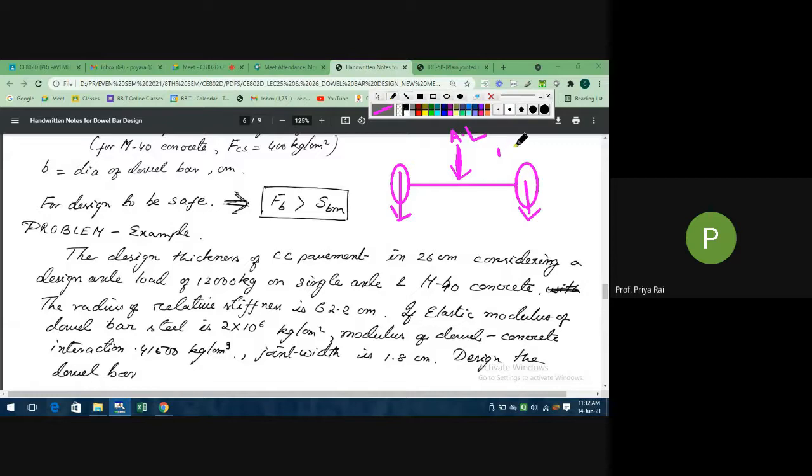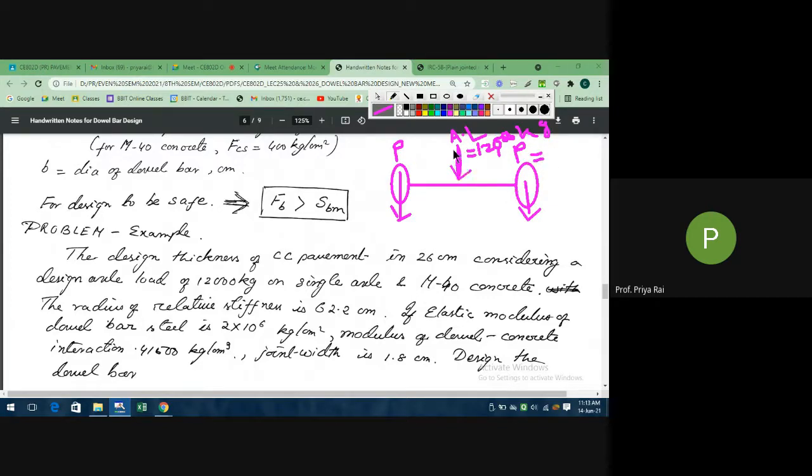So what is the relationship between axle and wheel load? What is the value of P? Your axle load is given as how much? 12,000 kg. So what is the value of P? What is the load transferred by the wheel then?